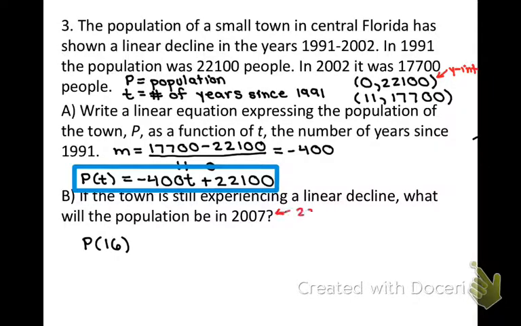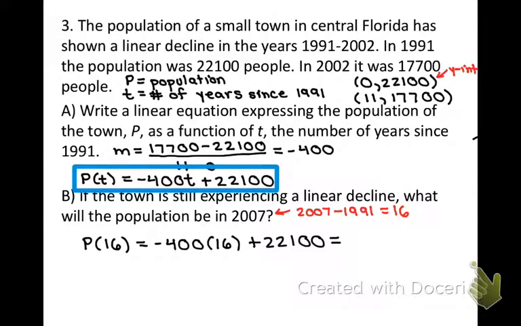So 2007 minus 1991 tells me that 16 years had passed. So we are looking for P of 16, which will be negative 400 times 16 plus 22,100.